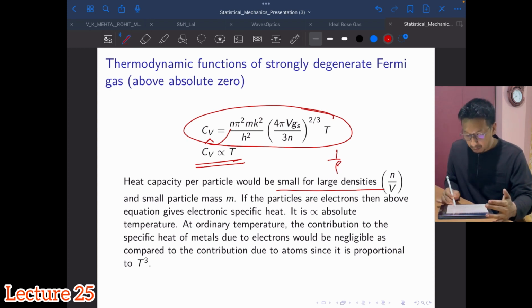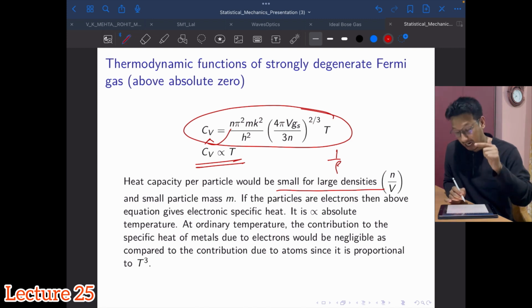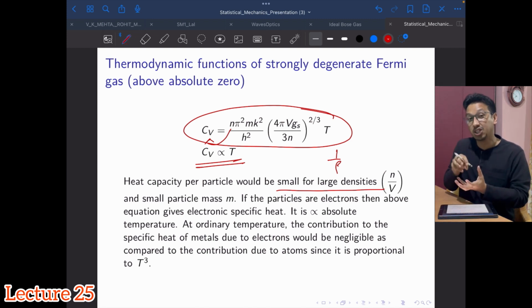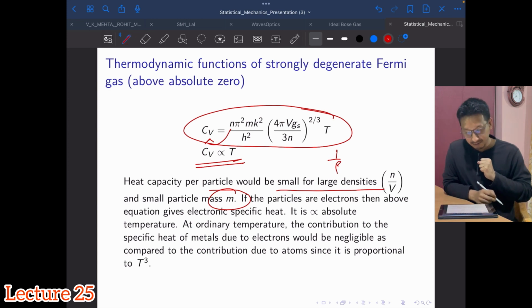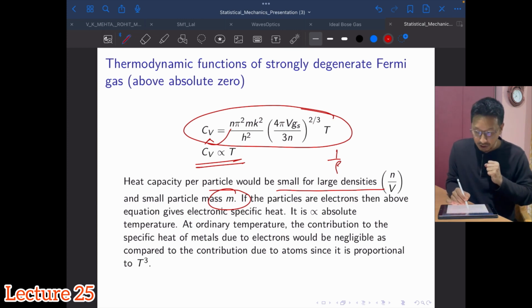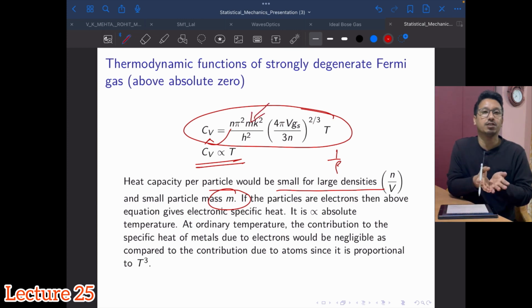So heat capacity per particle would be small for large density. If you have a very large density of fermions, then your heat capacity will be small. And also for a small particle of mass m, because m appears on top, smaller the mass, smaller the specific heat per particle.